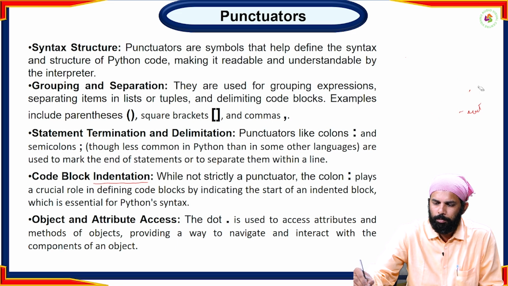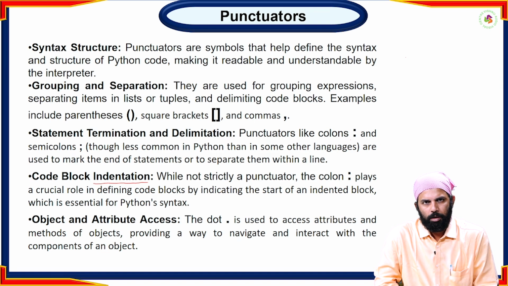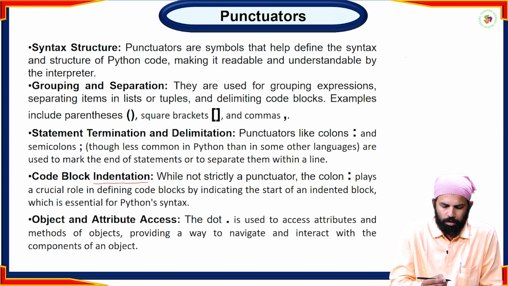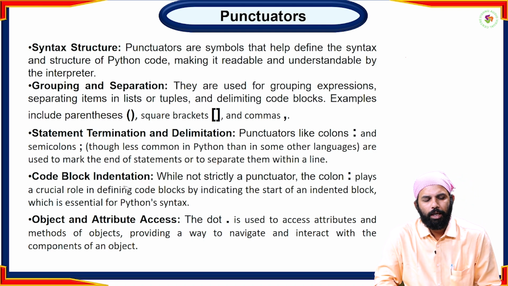So what is the basic usage of punctuators? As in English grammar, punctuators in programming languages also have specific meaning in organizing the whole structure of the code. When we talk about code block indentation, statement termination, or grouping and separation, we are using punctuators.